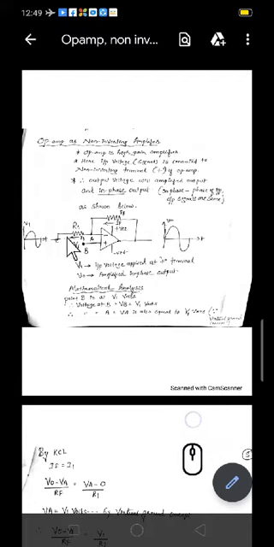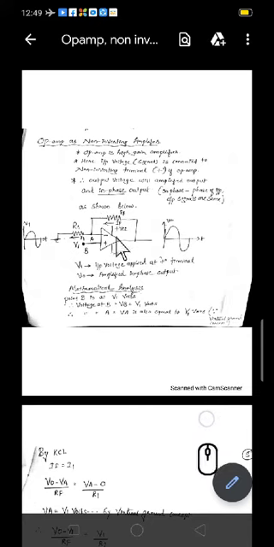It is not from here to here as it was in case of inverting amplifier, because at the inverting amplifier we had applied the input voltage here. That time current was flowing like this. Now voltage is applied at V1 volts, so the flow of current is taken from this direction, output towards the input.